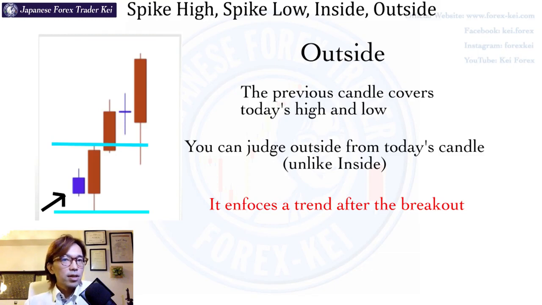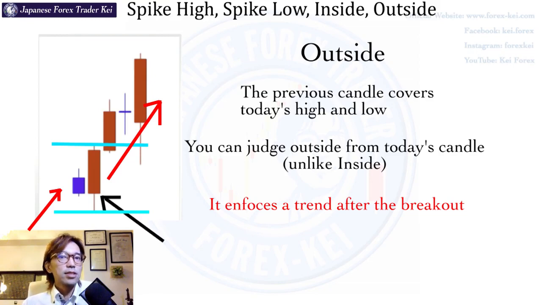And when you see a pattern like this, most likely it shows the continuous trend towards the breakout of the next day candle. So for example, when there's a continuous bull trend and when you find this outside, then it indicates the bullish trend may persist. And note that on this outside price action, you can judge it today.